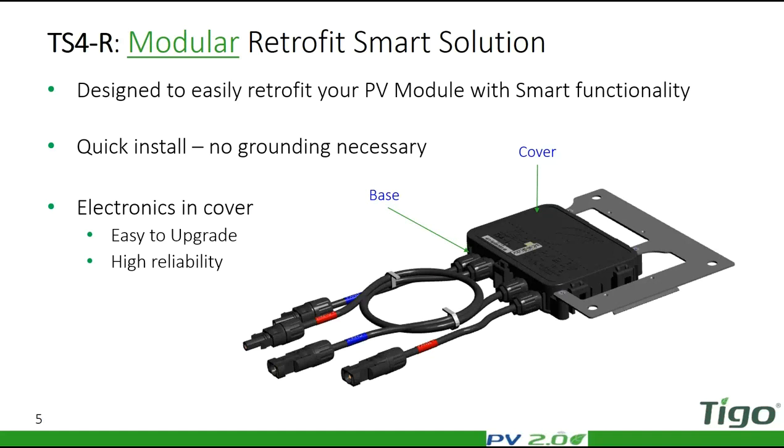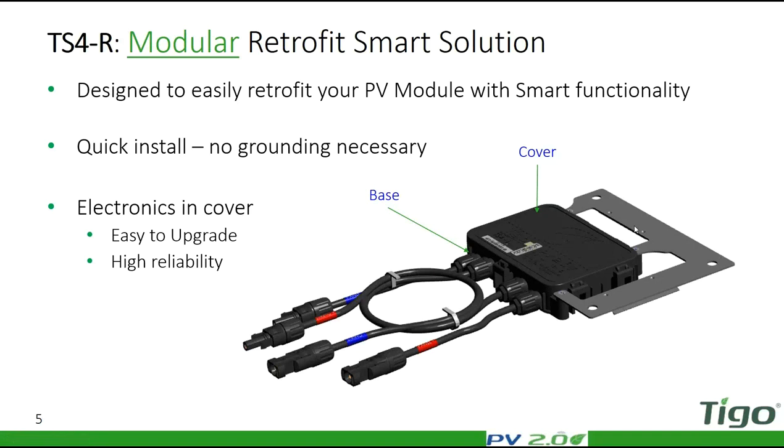So, as you can see, it has two parts basically. Maybe it's a bit hard to see, sorry. One of them is the base. That's the one that hosts the covers and has the metal bracket connected to it.